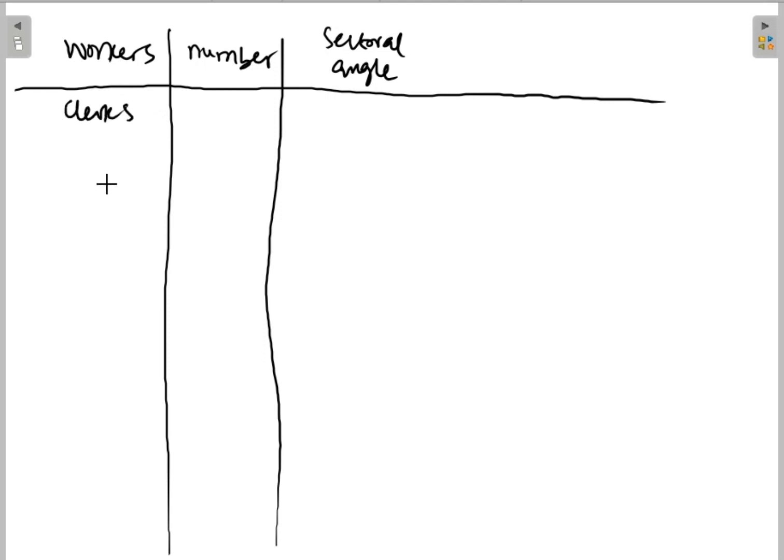You have clerks, drivers, typists, messengers, and others.